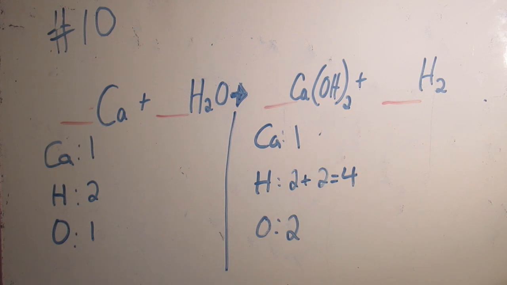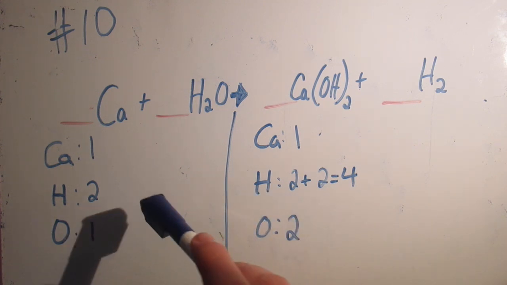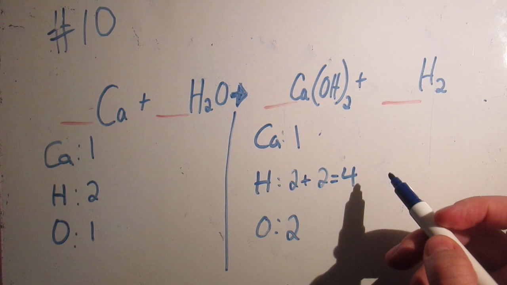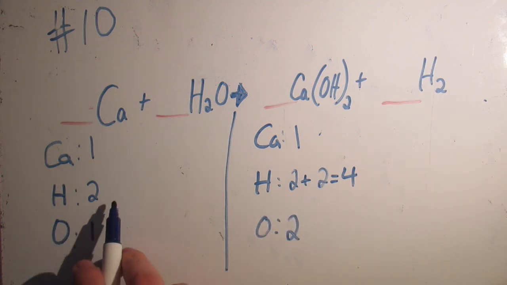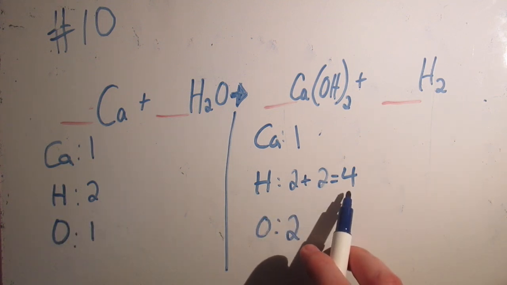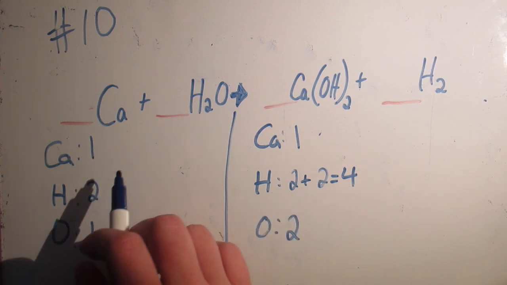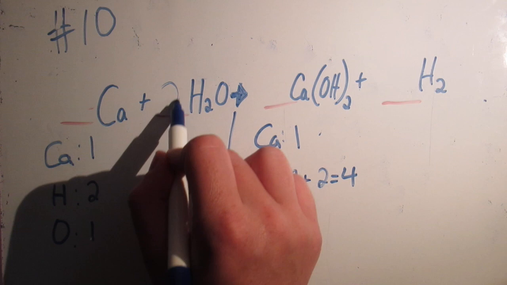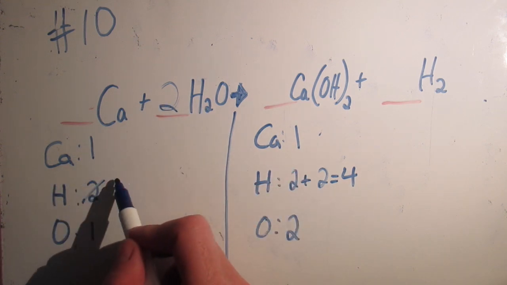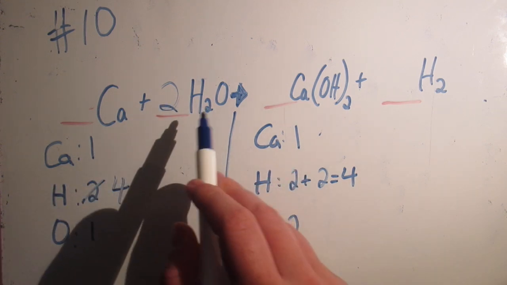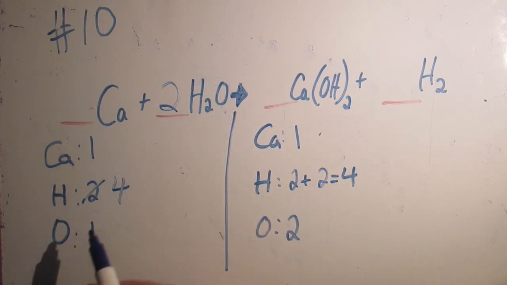Alrighty, so I'm going to leave the calcium alone for now, because it starts out as 1. Hydrogen I want 4 of, at least, so let's try that. So 2 times 2 is 4, so put a 2 here, so that's 4. And then don't forget 2 goes to the oxygen as well.